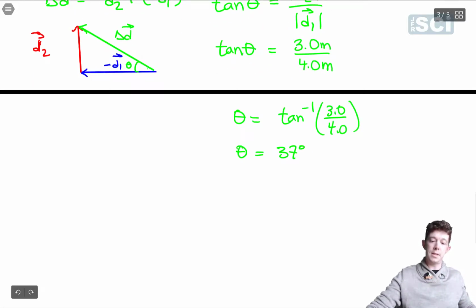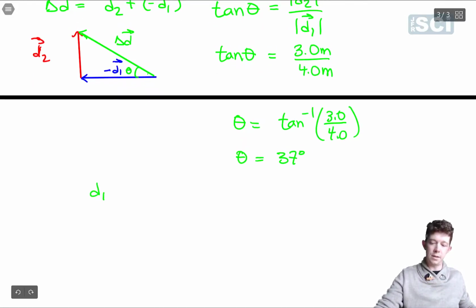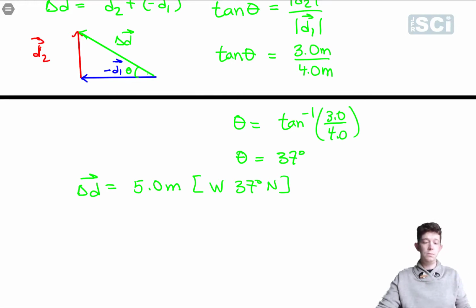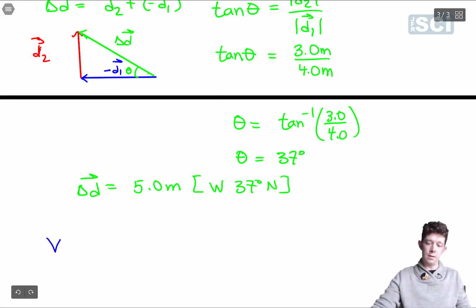So let's piece this together. So my delta D vector is equal to a length of 5.0 meters, and it works in a direction that's west 37 degrees north. There's my displacement vector. I'm looking for velocity. So velocity is going to be my displacement vector divided by the time.